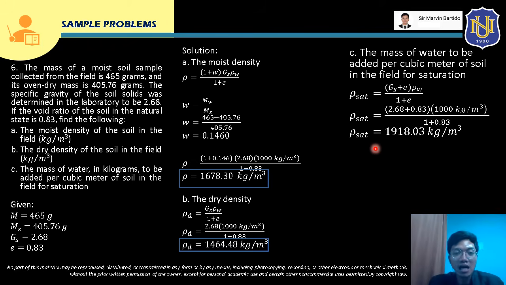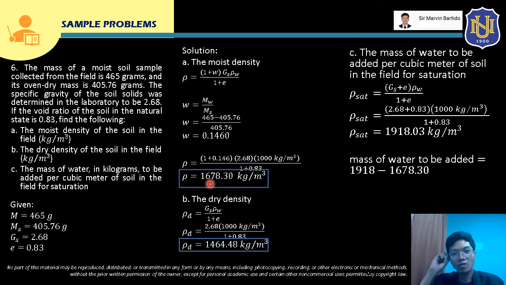So, class, we subtract this from the moist we got earlier. When we subtract, that is the mass of water to be added in kilogram per meter cube. The saturated is this, and the moist is this. So 1,918.03 minus 1,678.30 is 239.73 kilogram per meter cube.